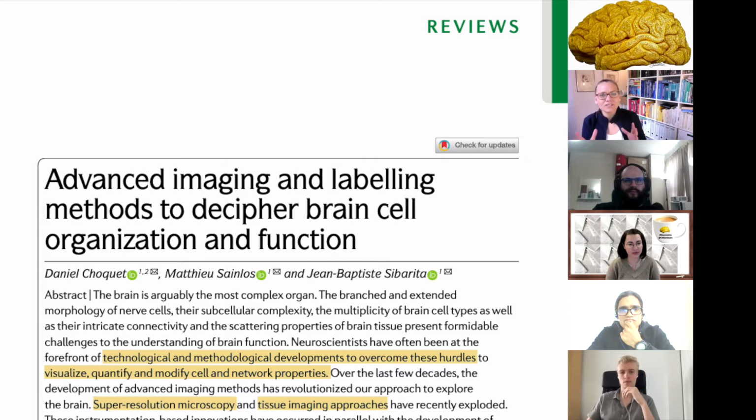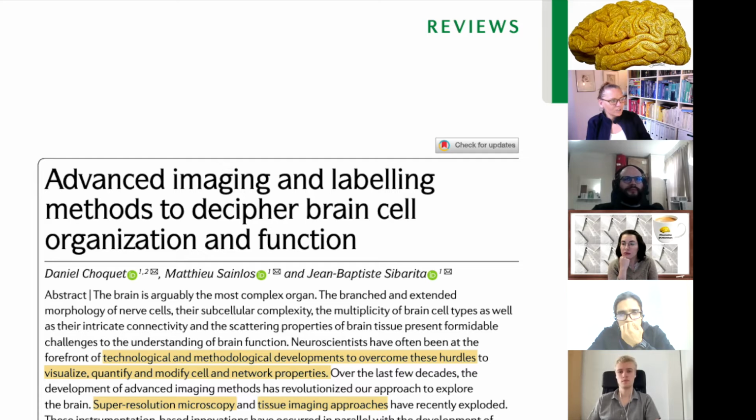So it's all about reviewing how we use certain imaging and labeling methods and what the recent advances were that help us to decipher brain cell organization and function. I actually did learn quite a lot this morning reading through it. But basically there are different ways that the field has advanced, and one is that the technological, methodological side of the techniques has improved.